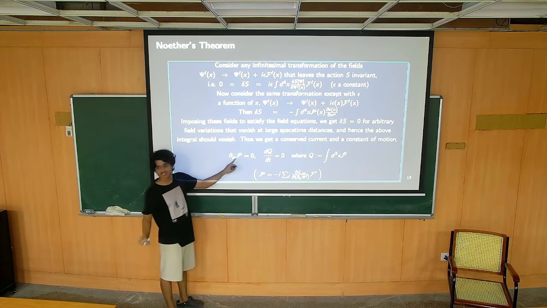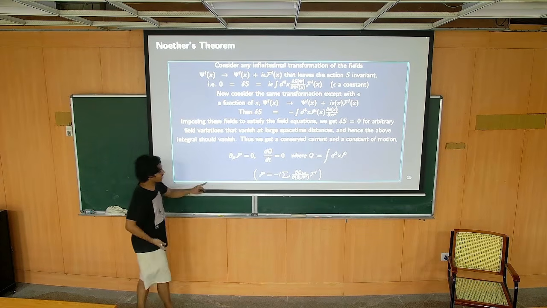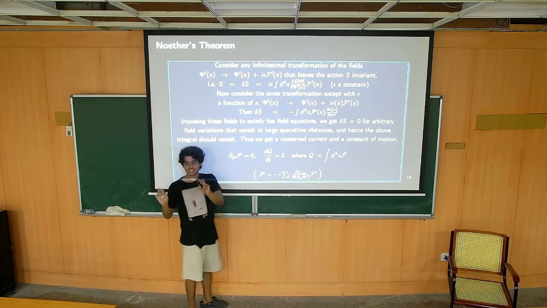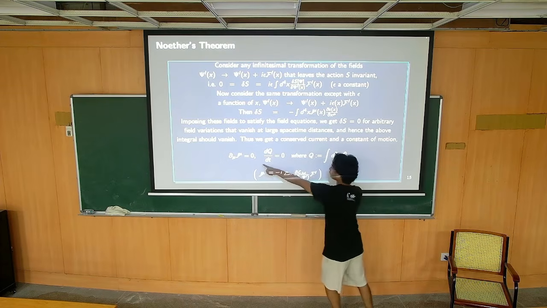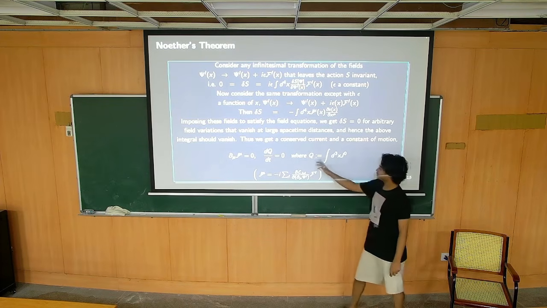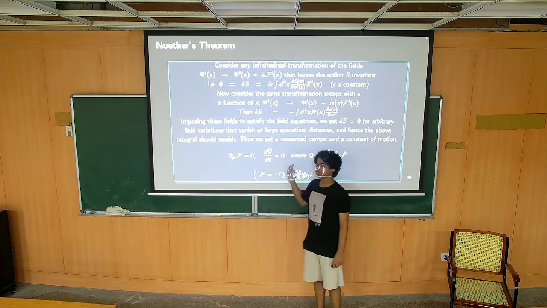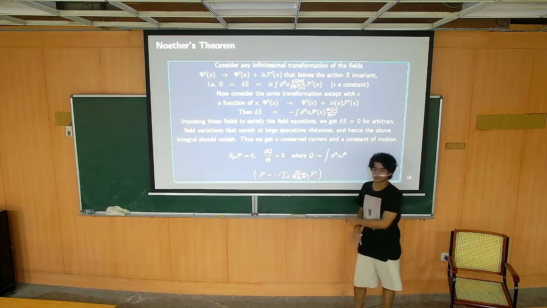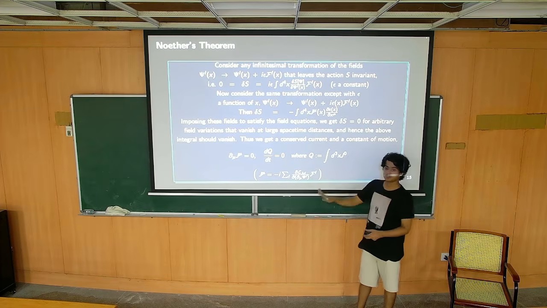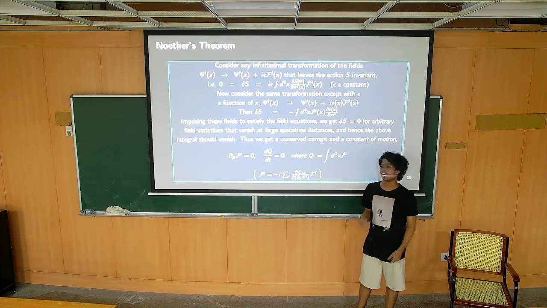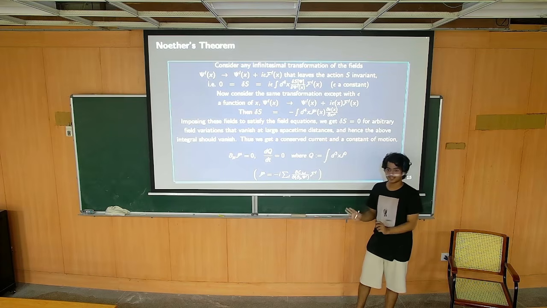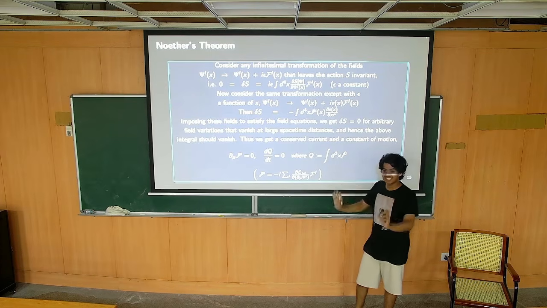We also get a conserved charge, which is the integral of the zeroth component of J, and this is also constant. For example, in electrodynamics, the electric charge is globally conserved. These are constants of motion. That's why angular momentum is a constant of motion: if you do this rotation, you literally get that.